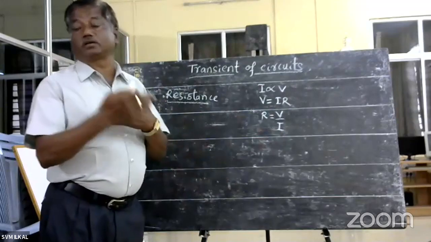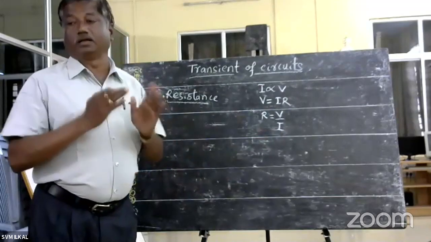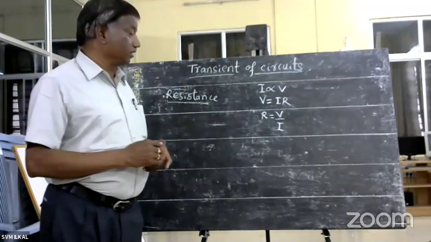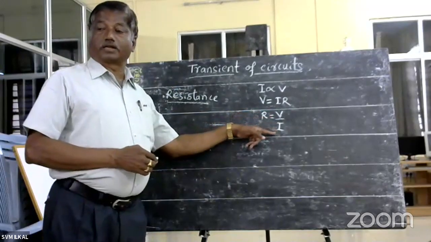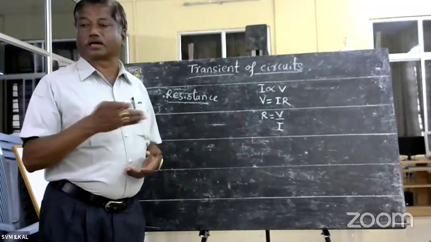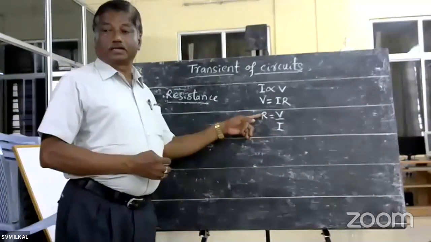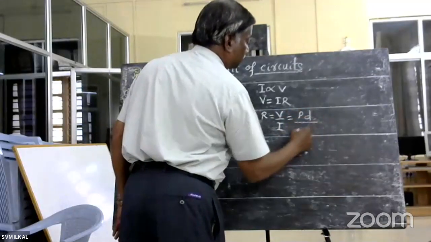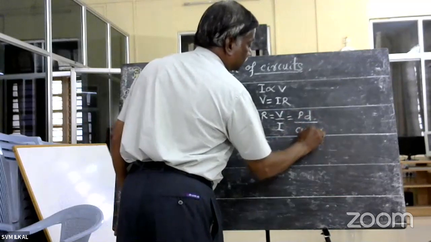For the voltage given across the device, maybe resistance or inductance or capacitor, what current flows through the conductor, the ratio of the voltage to the current itself is called the resistance. That's why resistance is the potential difference divided by current.